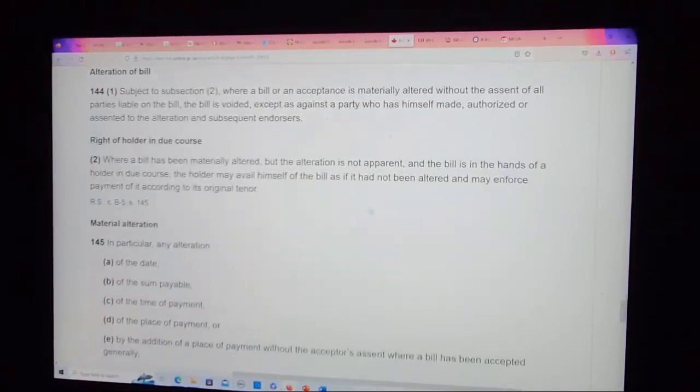Alteration of a bill. 144. 1. Subject to subsection 2, where a bill or an acceptance is materially altered without the assent of all parties liable on the bill, the bill is void, except as against a party who has himself made, authorized, or assented to the alteration, and subsequent endorsers.